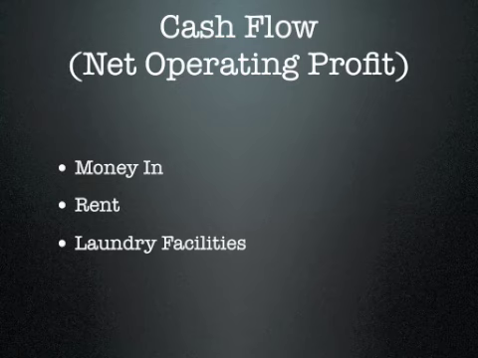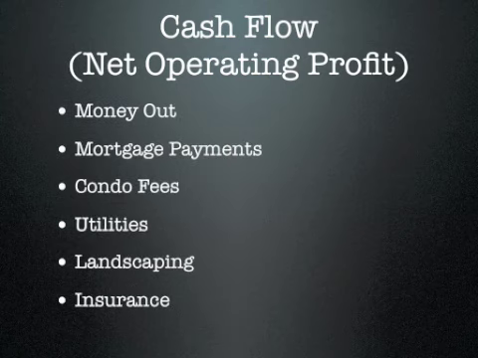They're pretty much limited to rent and laundry facilities, like if you have a coin operated laundromat in the apartment building, or even a single house that you rent out. If anybody can think of any other money in items, by all means email me and I'll update this slide.